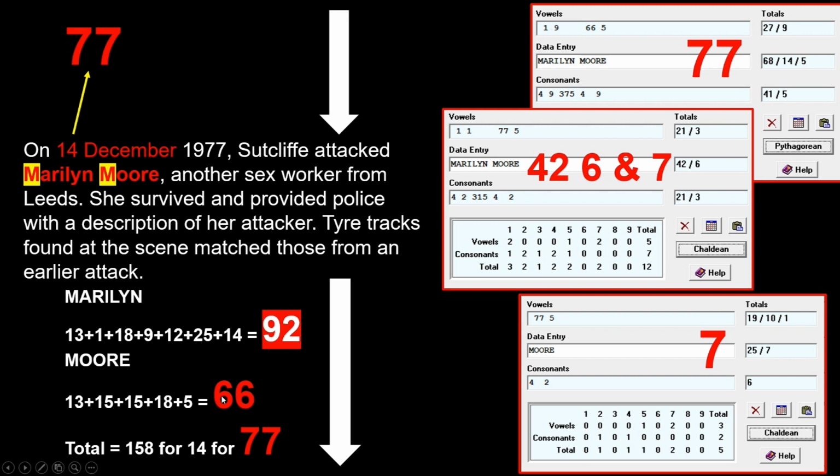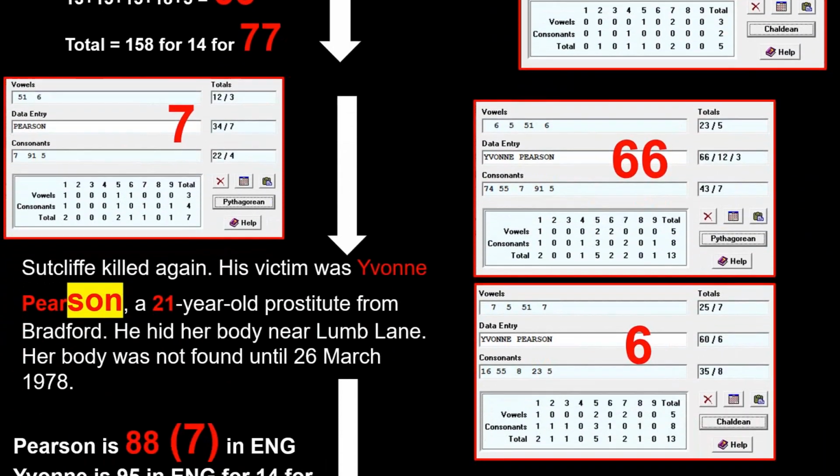And Moore gives us 66. We've seen that number quite a lot. It was here in the date, and now it's here. And the total is 158. That adds up, of course, to 1 plus 5 for a 6 and 8 for a 14 for two 7s for 77. So yet more code. It's almost a code video for every victim in this. So quite a lot of work in analysing this lot.